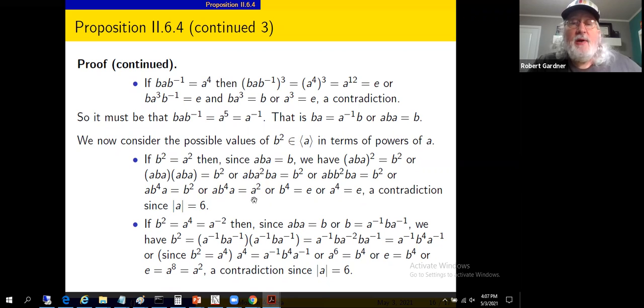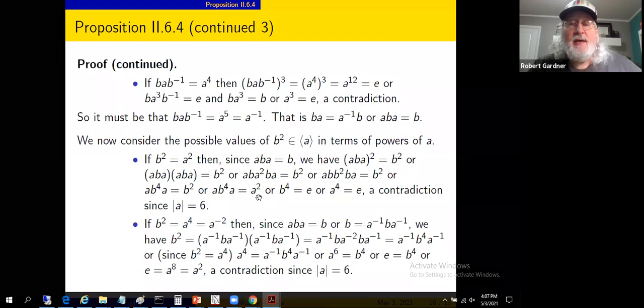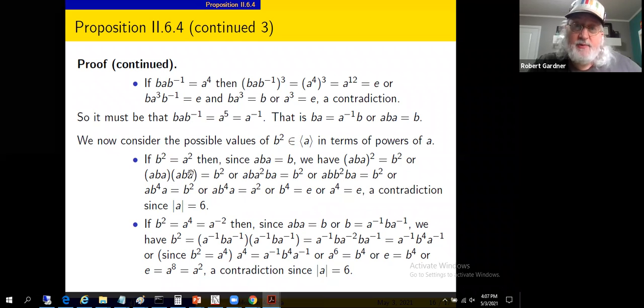B squared and a squared are the same in this case, we've supposed. So we can change the b squared to an a squared on the right-hand side of the equation. We can cancel these two a's with these two a's to get b to the fourth equals the identity. If b to the fourth equals the identity, then under the assumption that b squared equals a squared, b to the fourth equals a to the fourth, so a to the fourth equals the identity. A contradiction, element a has order 6.